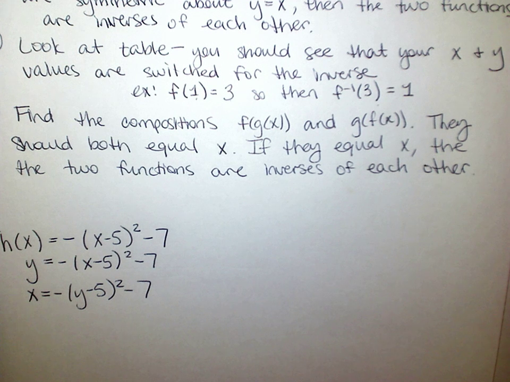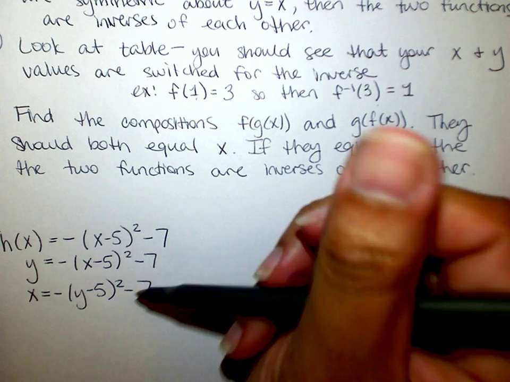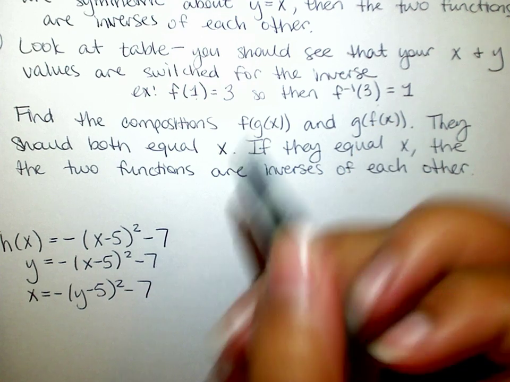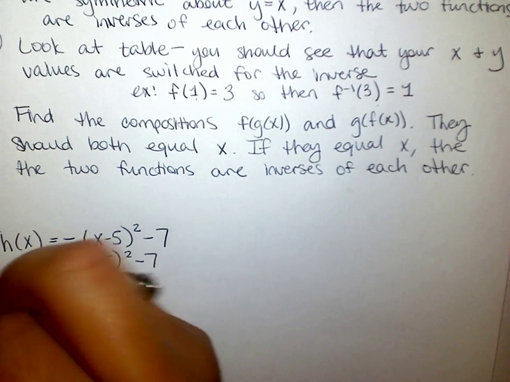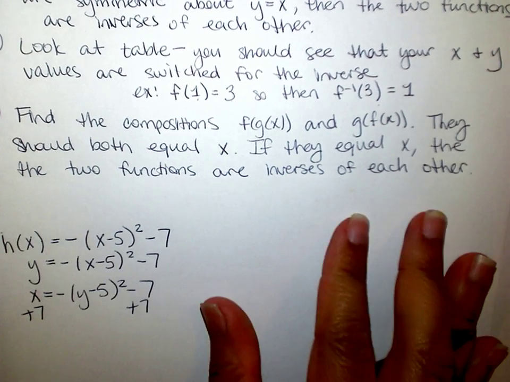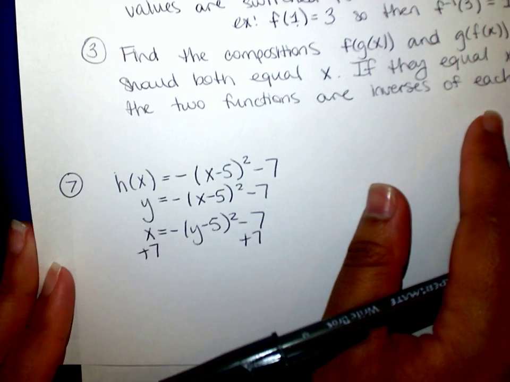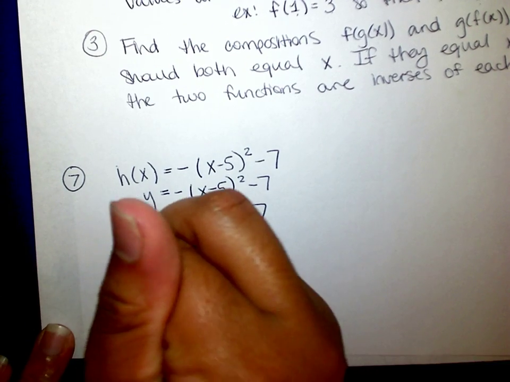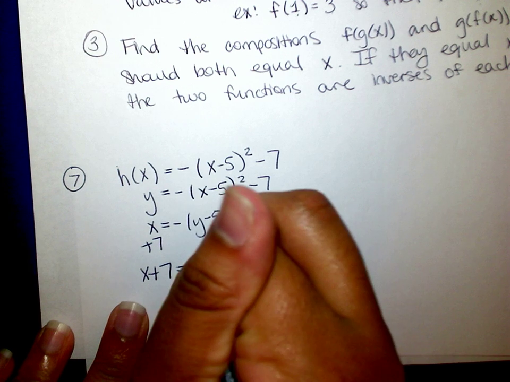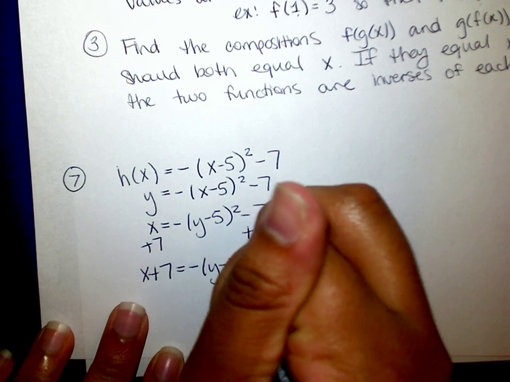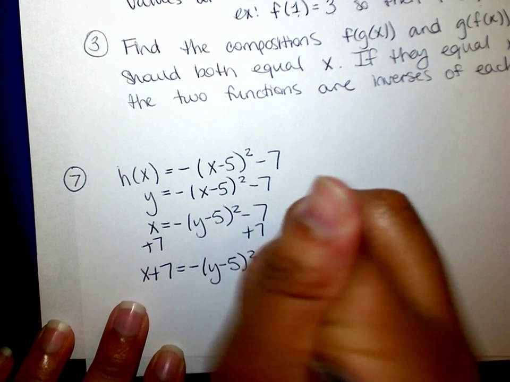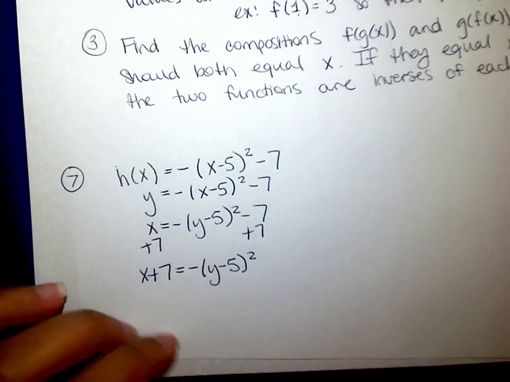Now let's start trying to solve for y. We have minus 7 over here, so we're going to add 7 to both sides. We're going to get x plus 7 equals negative y minus 5 quantity squared. Now let's check.